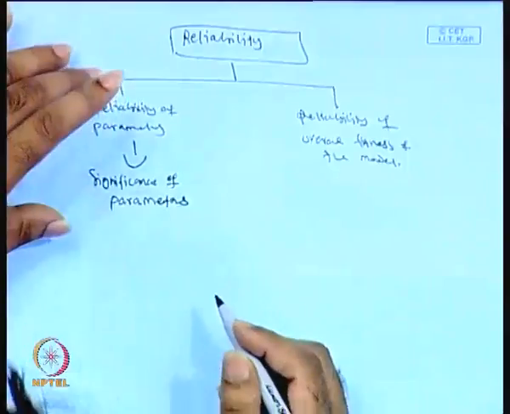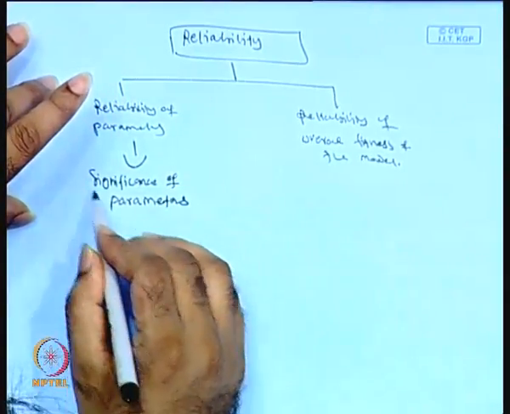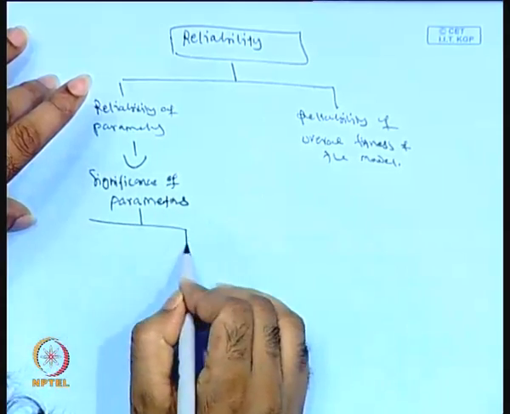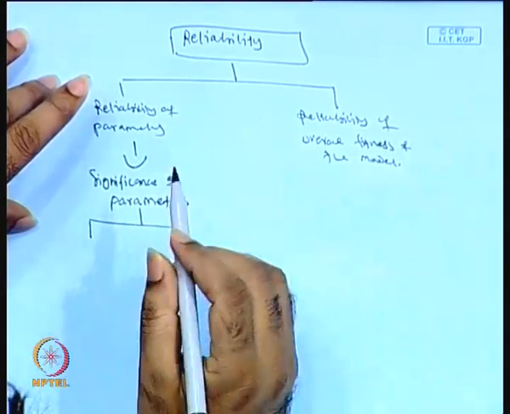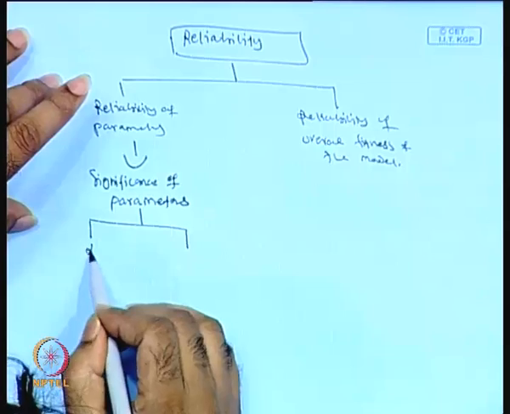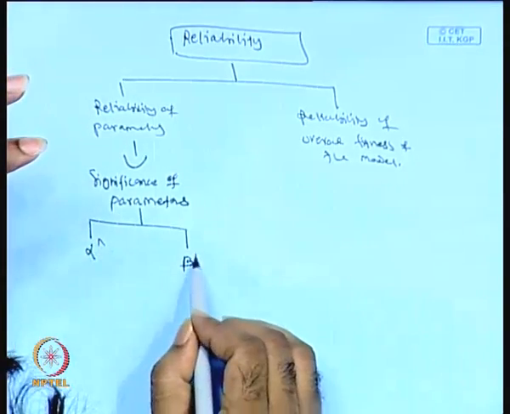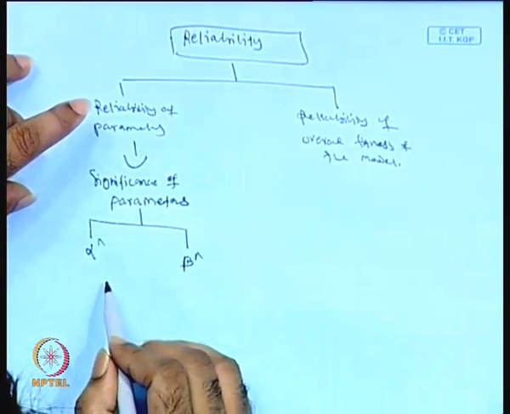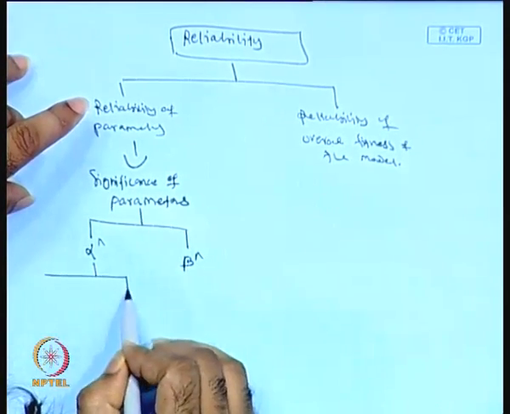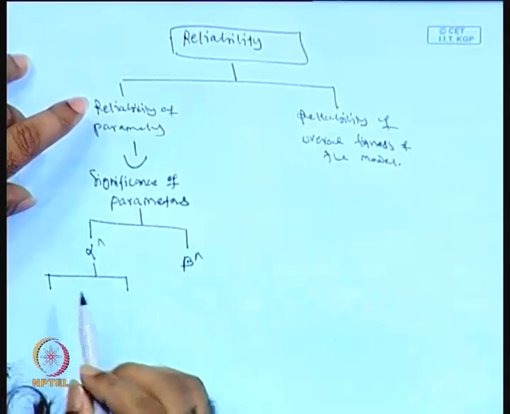So, now what is the significance of parameters? Here, for the significance of parameters, we have two aspects, that is alpha aspect and beta aspect. Okay. So, we like to know the significance of alpha head and beta head. For that we have to know two things. Alpha head is known to us.